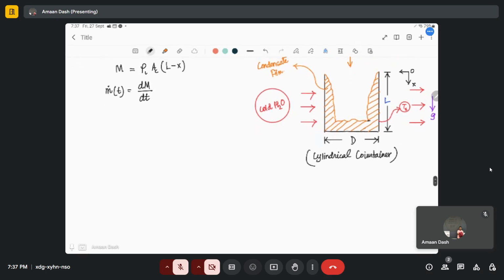So if we substitute this back in here, we can write dm by dt as d by dt of rho_l A_c times (L minus x).